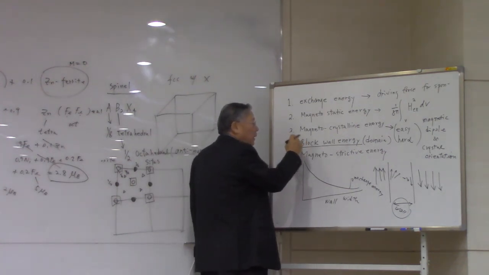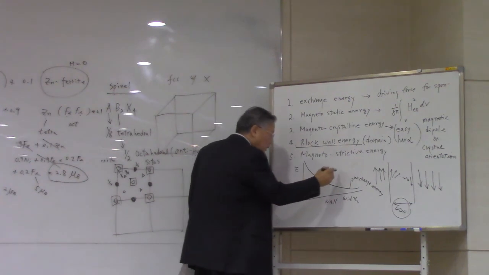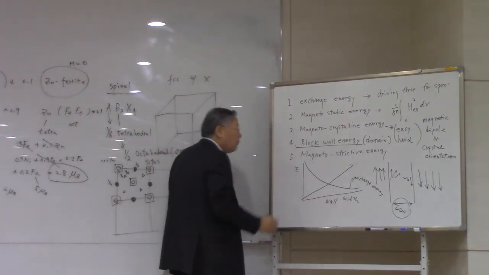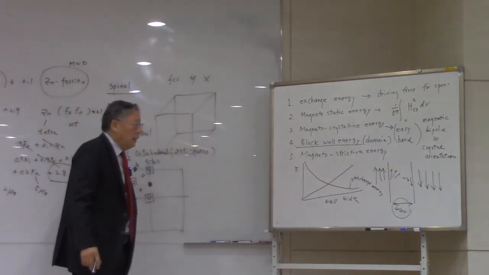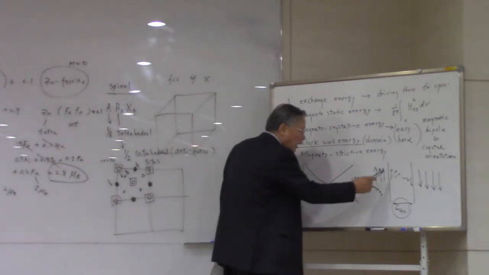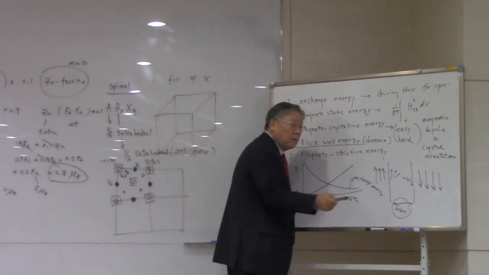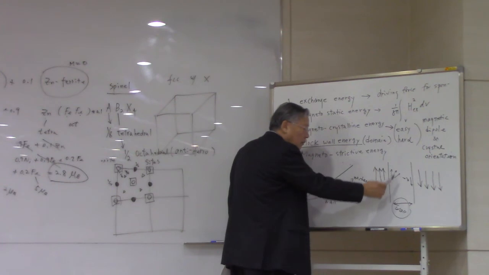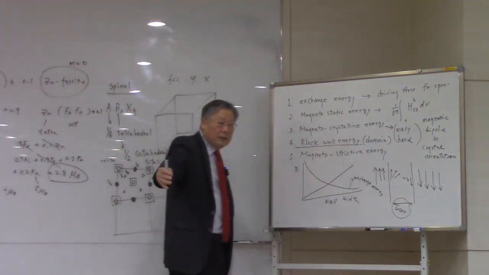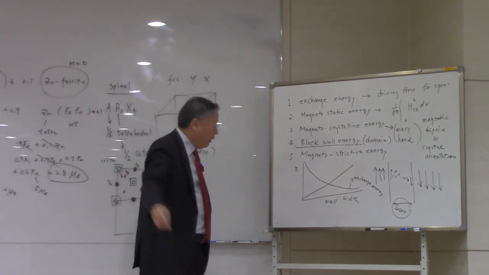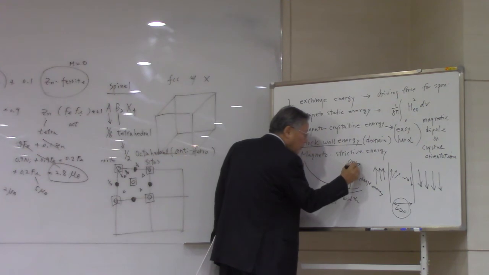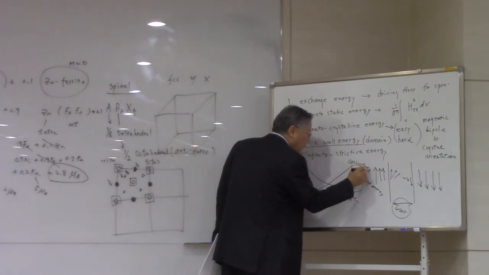But the magnetocrystalline anisotropic energy is going to increase linearly as the domain wall increases, because we have a large number of hard direction spins if we have a widened domain wall. So this is the anisotropic energy.